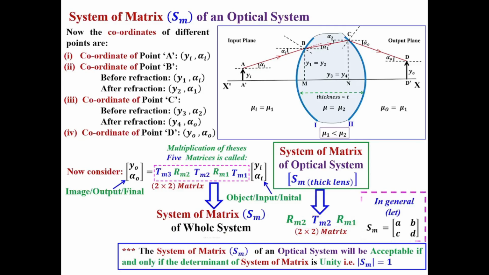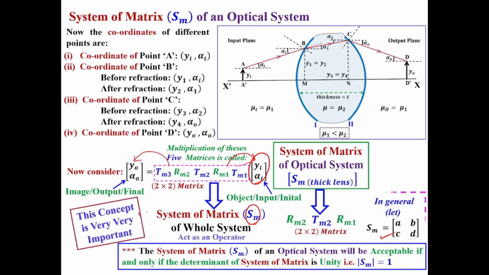So simply remember one thing: if we have information about the object and we operate the system matrix on this object information, we can find the information about the output or image. In general, it is represented like this. This is the concept that you have to remember. It is very important, because by using this concept, we are going to evaluate the location of cardinal points of any optical system.